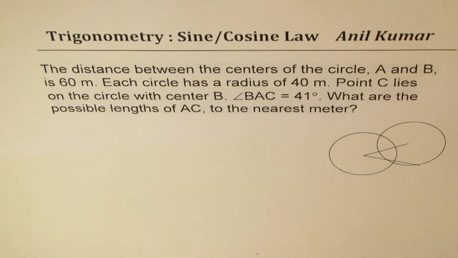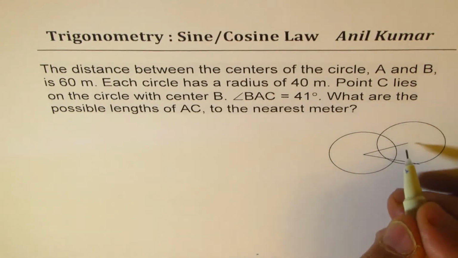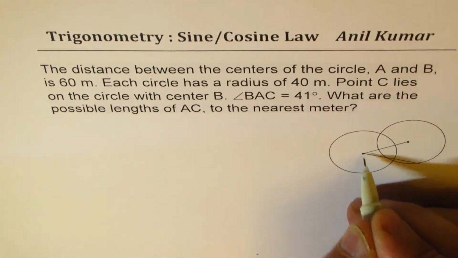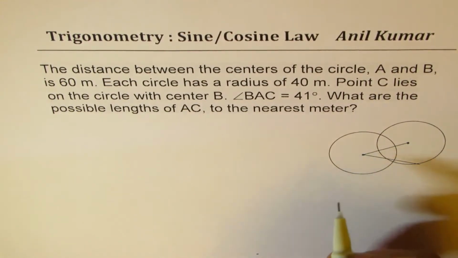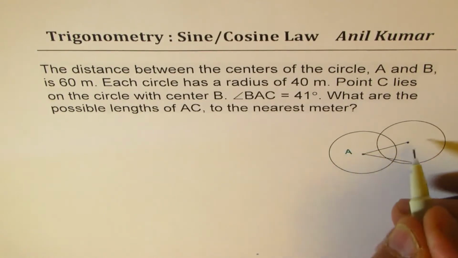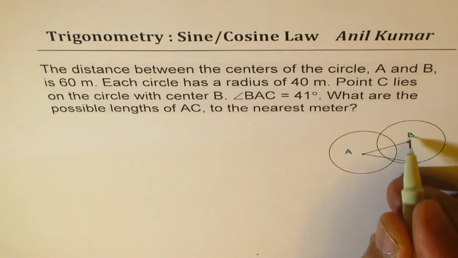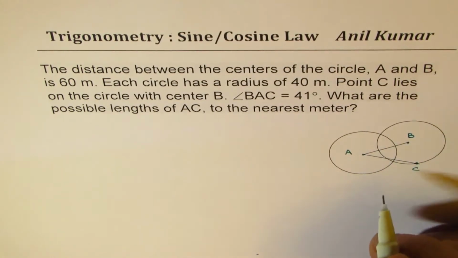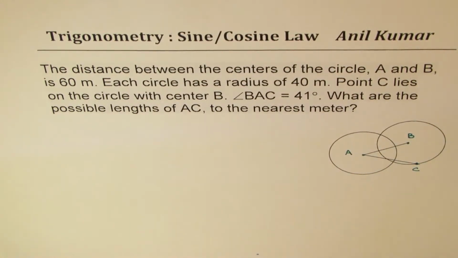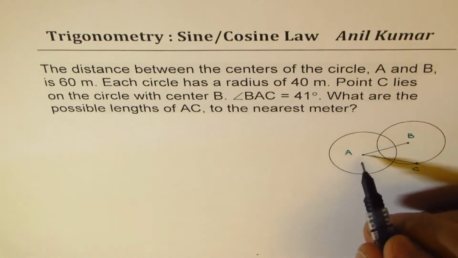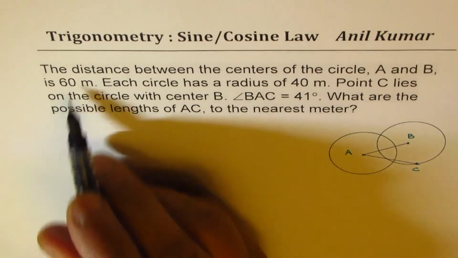So let me complete this diagram. We have these two circles with the centers at A and B, right? So this is A for us, center at B, and the point is C on the circle B, right? We are also given that the distance between A and B is 60 meters.